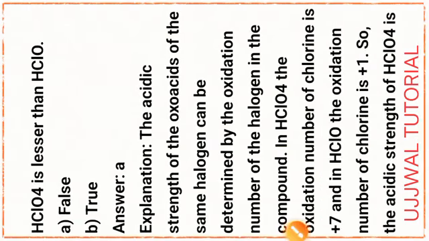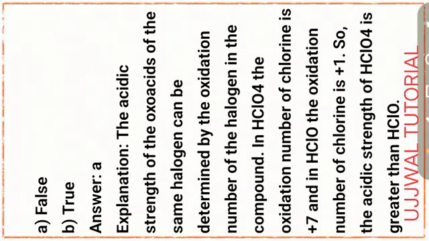Due to explain for this part, acidic strength of oxoacids of the same halogen can be determined by the oxidation number of the halogen in the compound. In HClO4, the oxidation number of chlorine is +7 and in HClO, the oxidation number of chlorine is +1. So the acidic strength of HClO4 is greater than that of HClO.